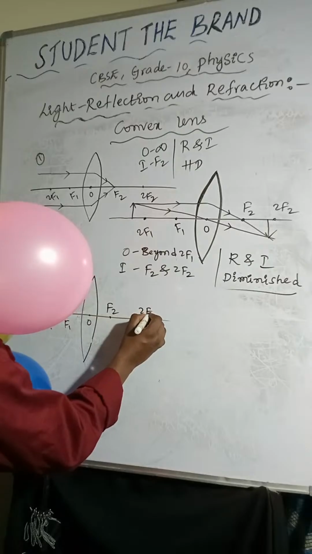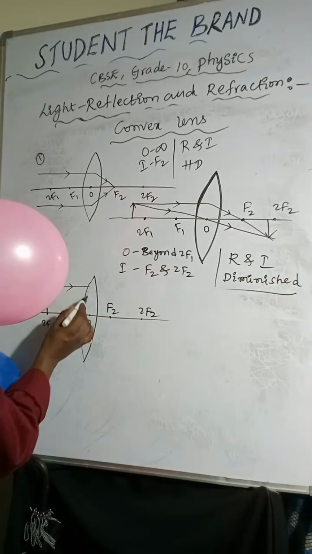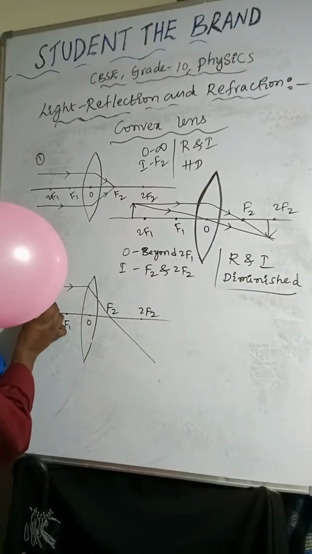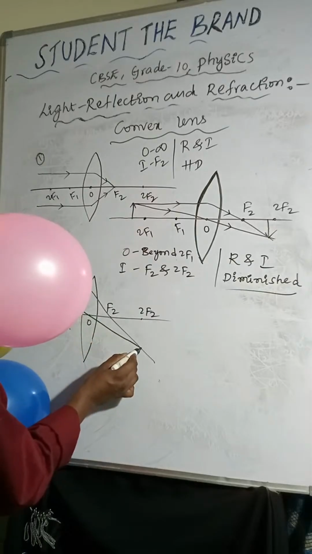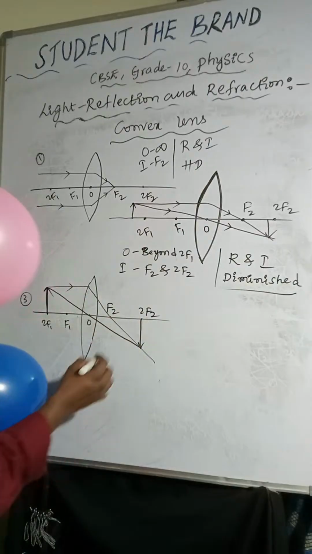One light ray I am taking like this, it passes through focus. Another light ray is passing through optic center. So the image is formed at 2F2.